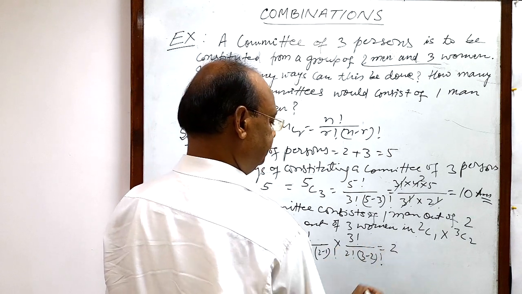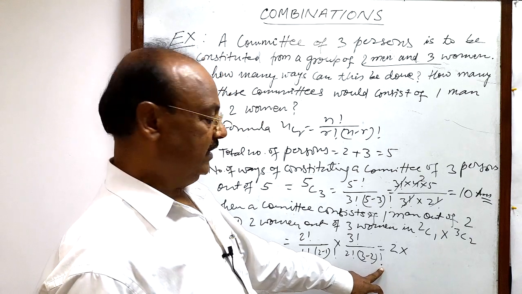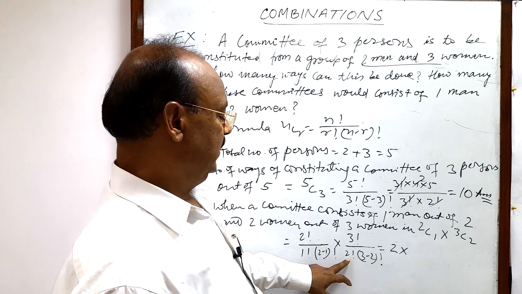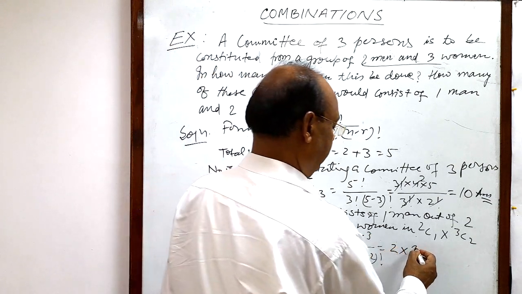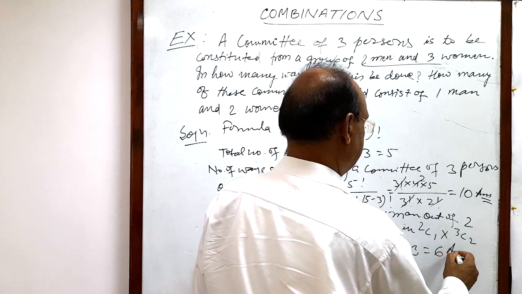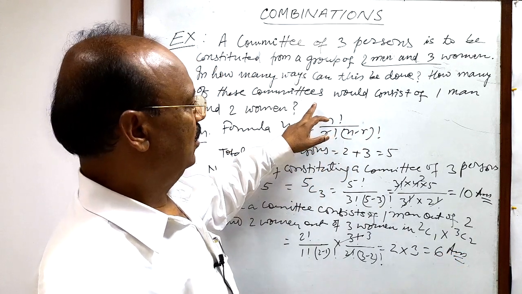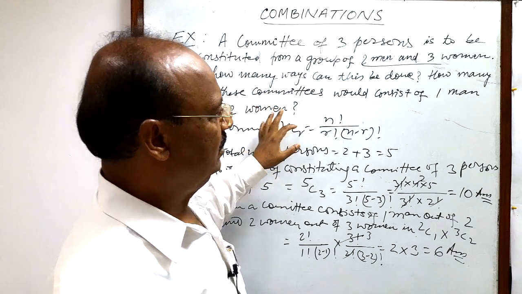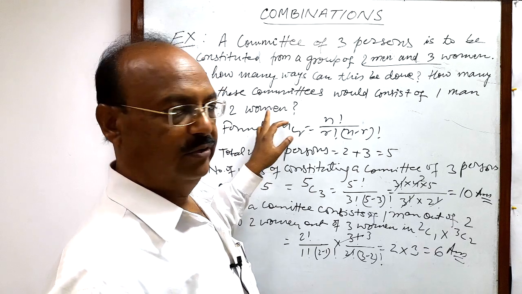So this is 2 into 1 factorial, that is equal to 1, and 2 factorial will be cancelled out with this 3 factorial. So here we will get 3. So 2 into 3 is equal to 6. This is the answer of the second part, forming a committee of 3 persons consisting of 1 man and 2 women.